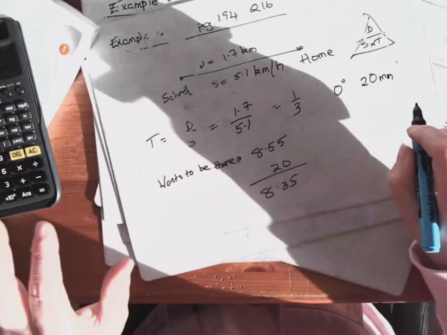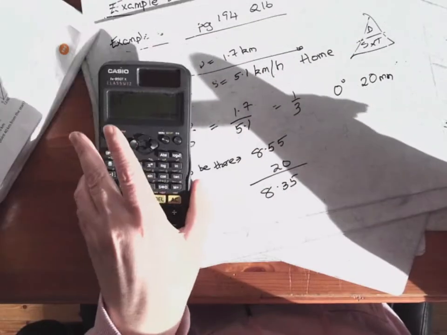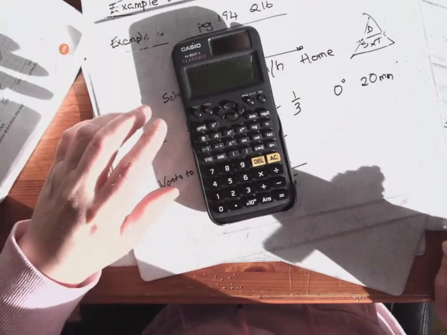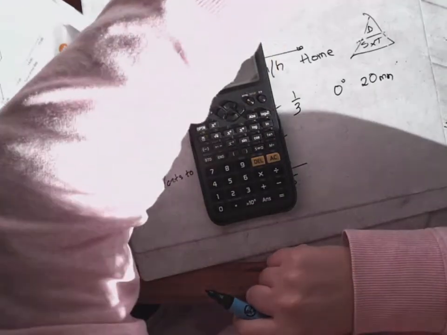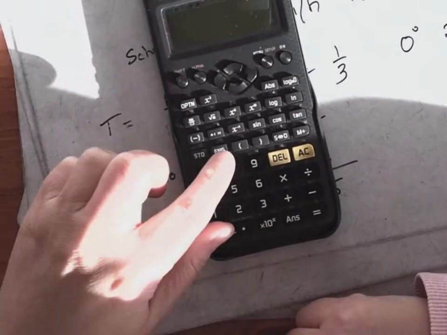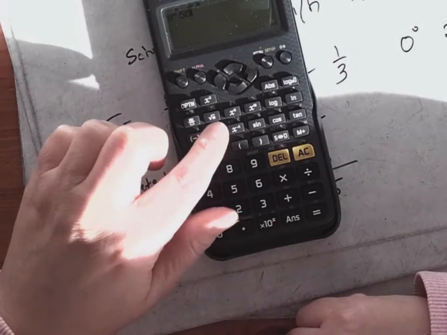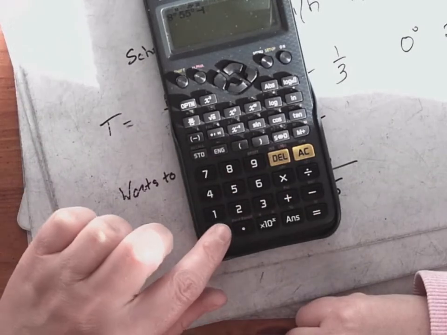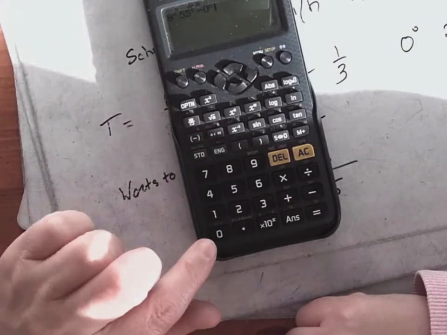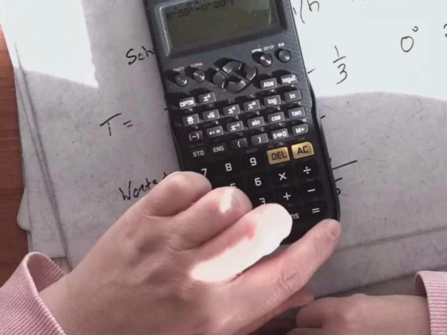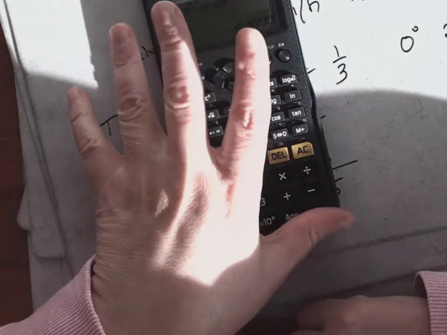But if you don't like subtracting time, girls, you can do that on the calculator. I know this is an easy enough question, but you can do 8 hours, 55 minutes, take away 0 hours, 20 minutes, equals, and it'll tell you 8:35.